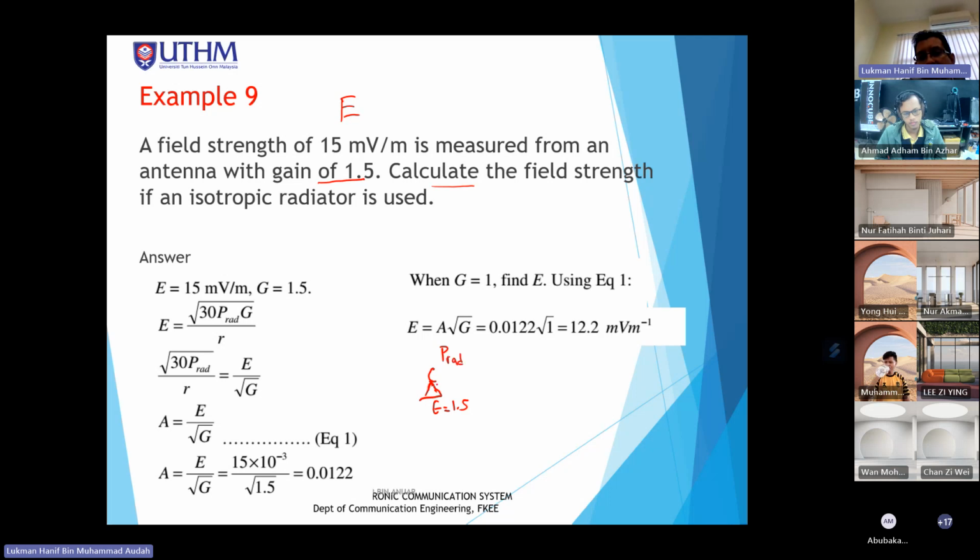When I measure the electric field at a certain distance r, I find that the E field is equal to 15 millivolt per meter.